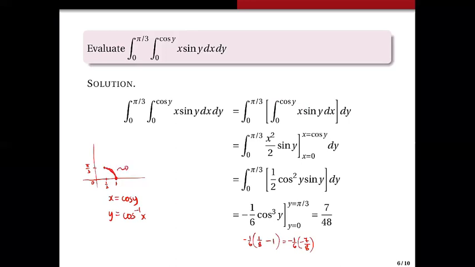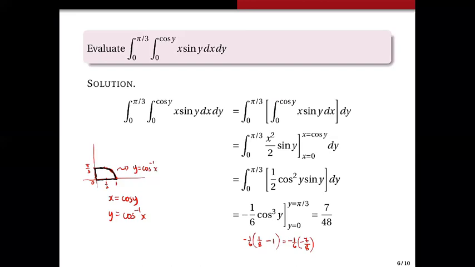This is your y equals cosine inverse of x. So this is the region of integration. This is a straight line, and then this is curvy.